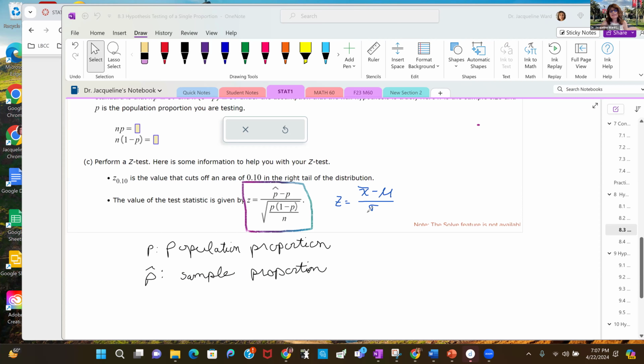And then instead of sigma over the square root of n, we have this. So the sigma is kind of like the square root of p times 1 minus p.